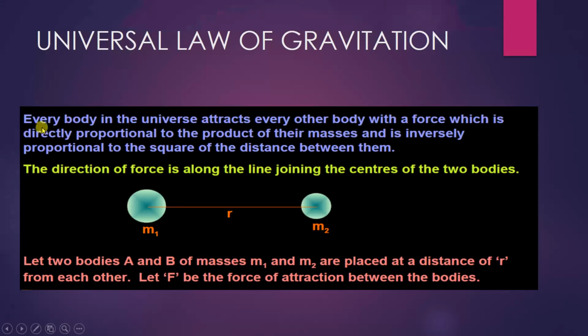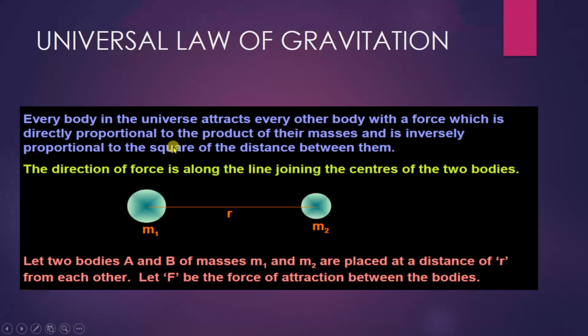Every body in the universe attracts every other object with a force which is directly proportional to the product of their masses and inversely proportional to the square of the distance between them. Now we are going to do the mathematical formulation of this.